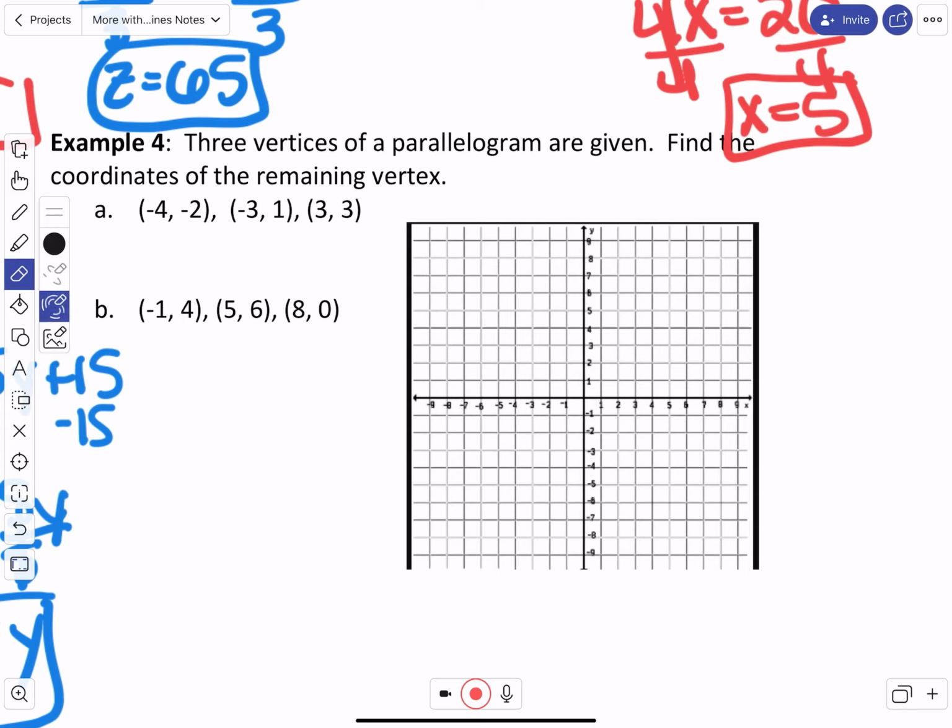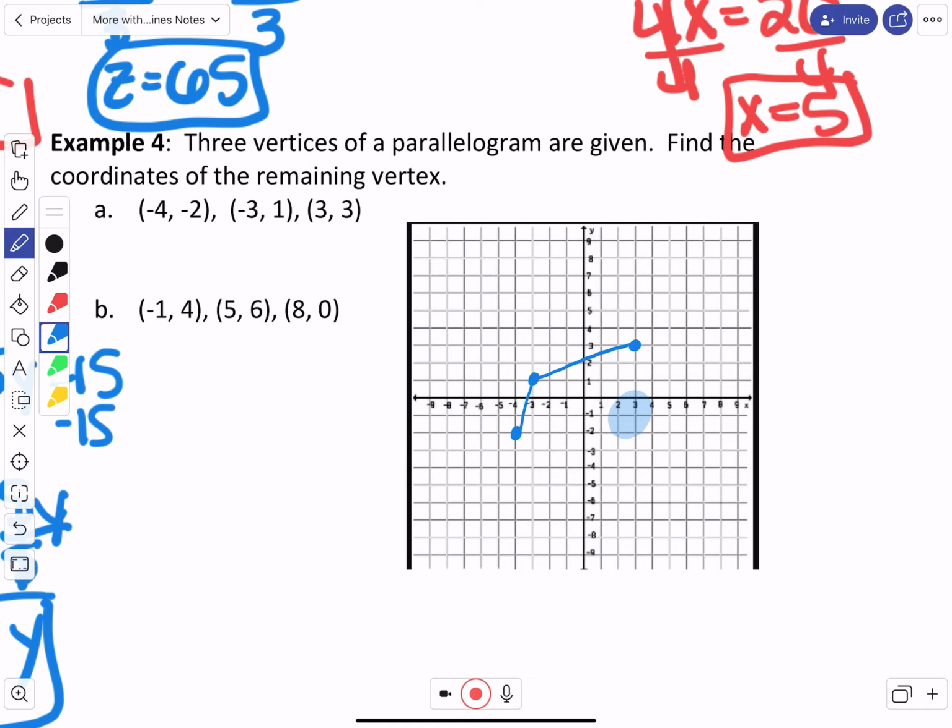So for A, if I plot my points, I'm going to plot -4, -2, -3, +1, and then +3, +3. And I can see that I'm forming a parallelogram. Now, I can see that my point is going to be somewhere right in here.